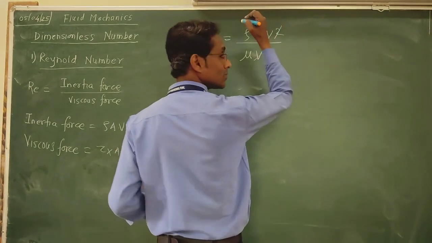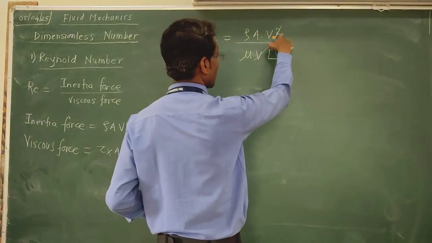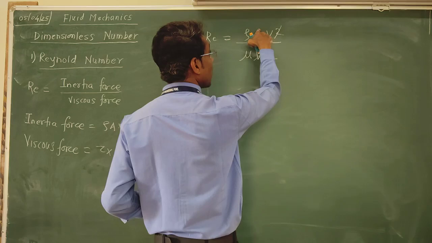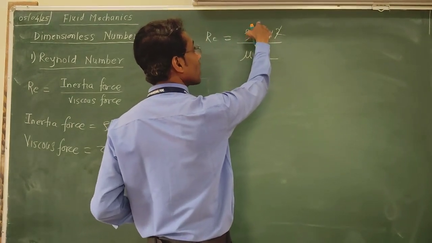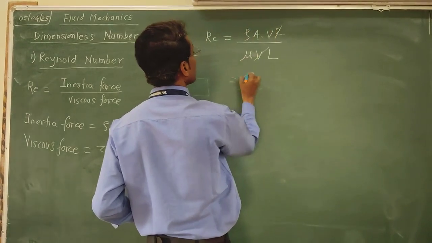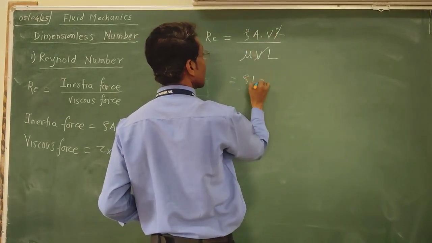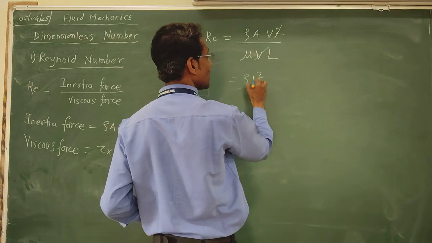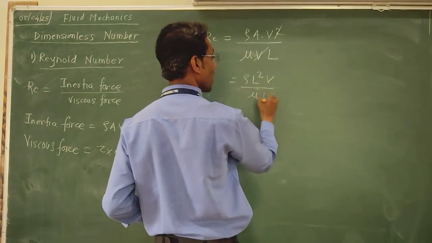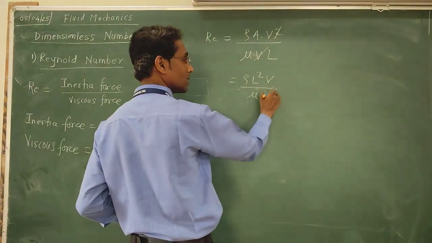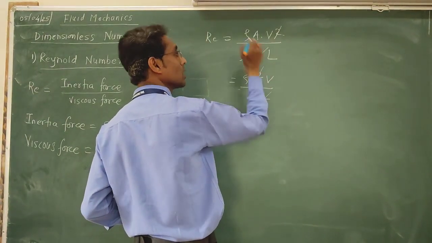Already we have seen that area is the product of length and length, so A means L square. So rho L square V divided by mu L. Then this L will get cancelled with the square.